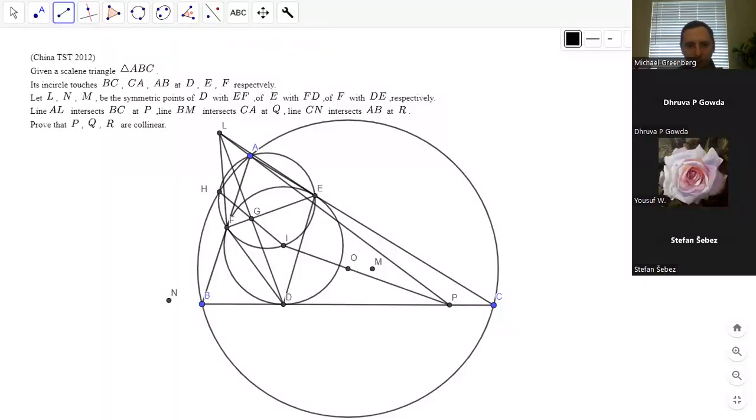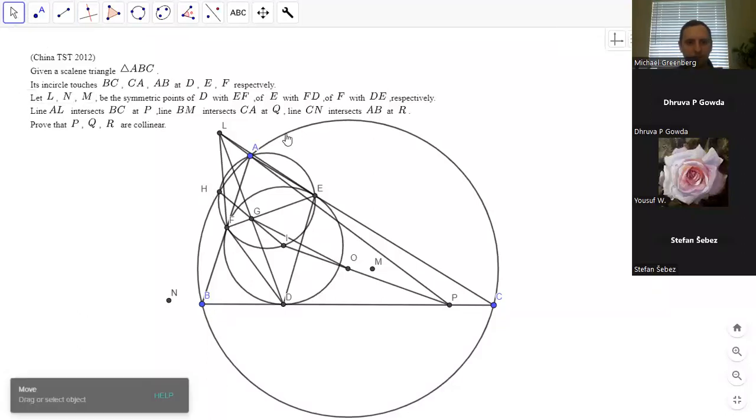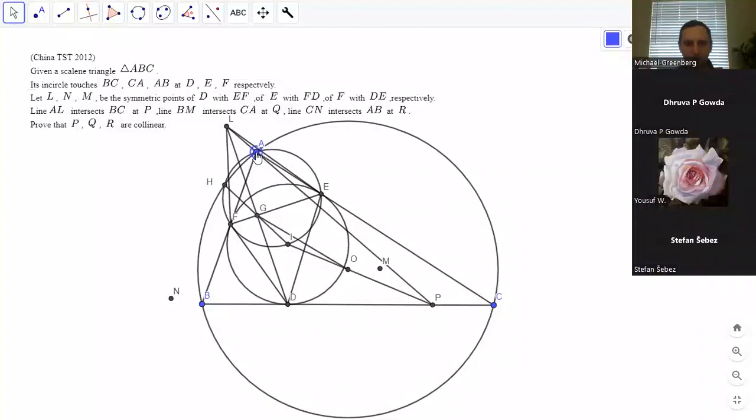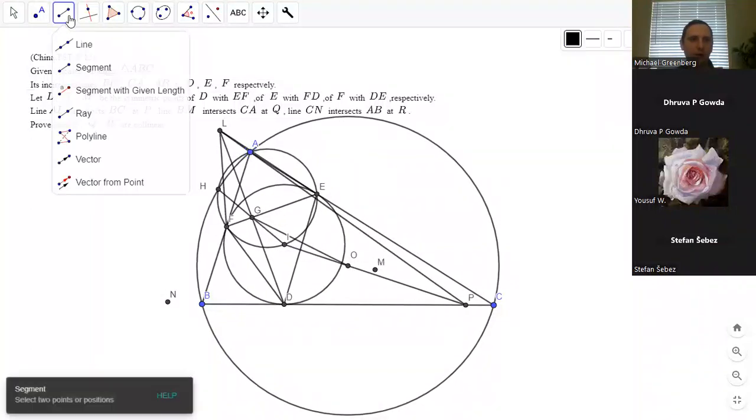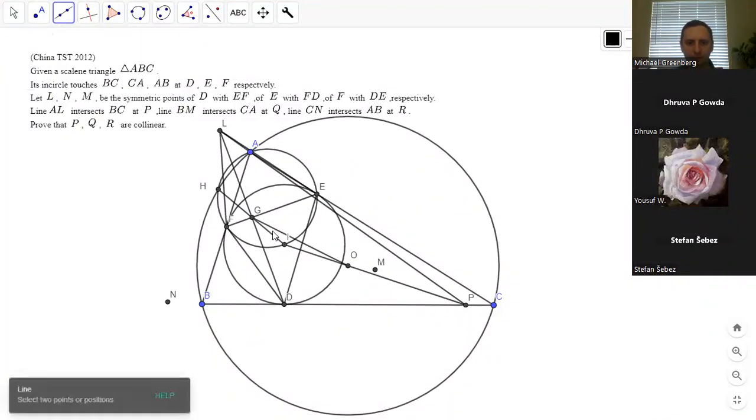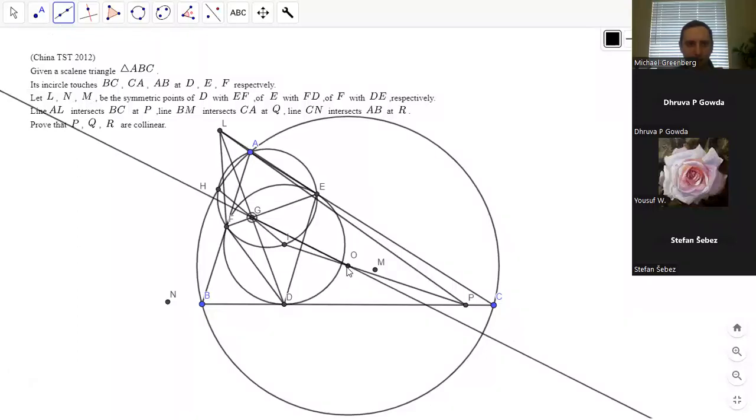Let's think about that. So we want to show I, O, and P are collinear. Maybe we could show some kind of homothety, like GI over GO is HI over HP or something like that. Could you move the diagram to see if it is actually true? Oh, you want to see if they're actually parallel? Okay. Oh, they're not. You're right.